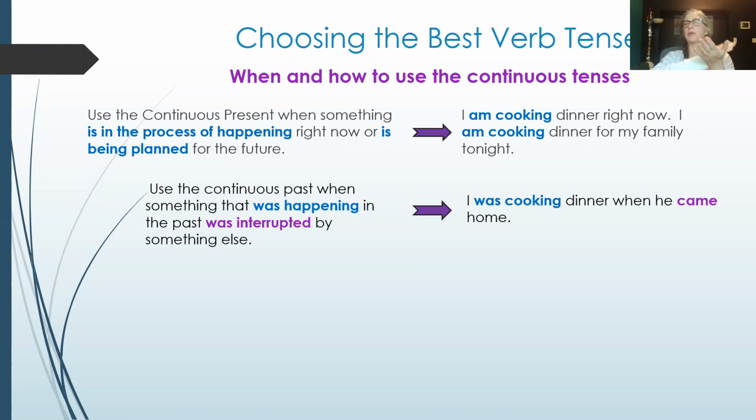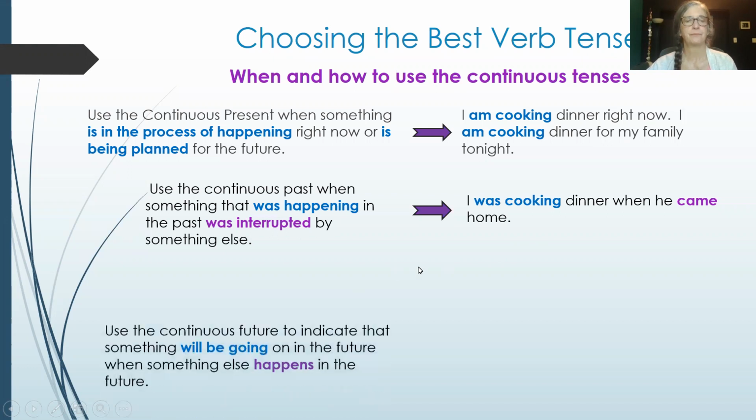But if during that process of cooking, there was some kind of interruption, then we're going to move to the continuous past. I was cooking dinner last night when he came home. Or I was cooking dinner when he came home last night. You see, you've got to have that understanding of there was a process and something happened. Questions?